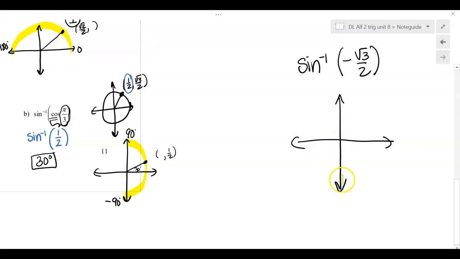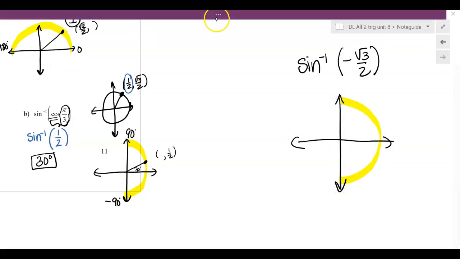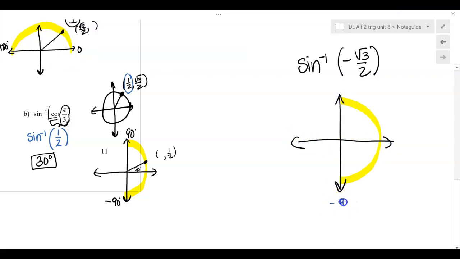The inverse sine is restricted from -90 to 90. And so you're asking yourself which angle from -90 to 90 has a y-coordinate of negative rad 3 over 2. The y-coordinate's negative. That's going to happen down here in quadrant 4. It's this angle that's 60 degrees away from x that would have that negative rad 3 over 2 in the y-coordinate.